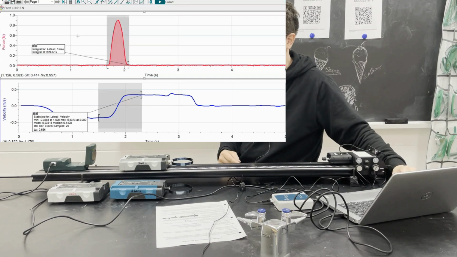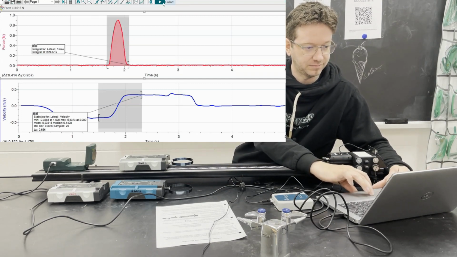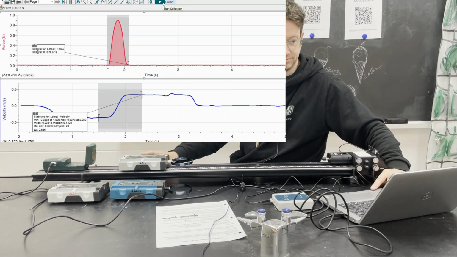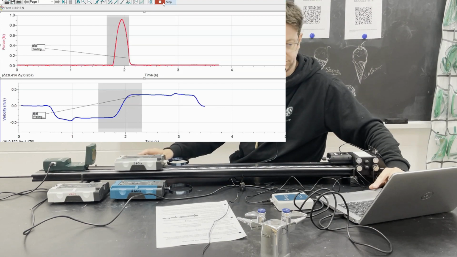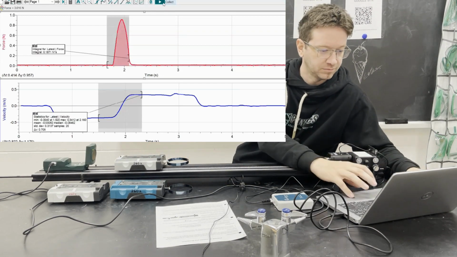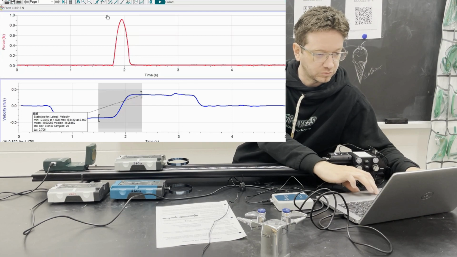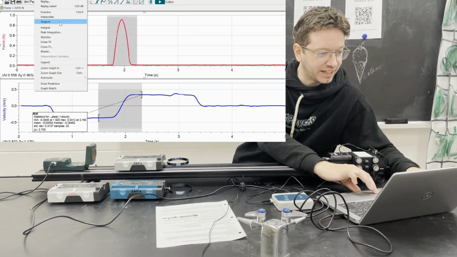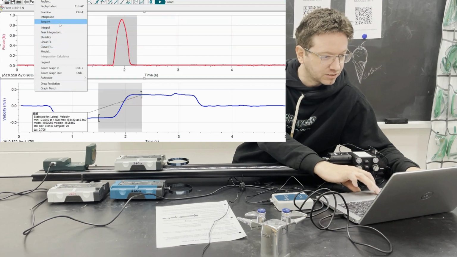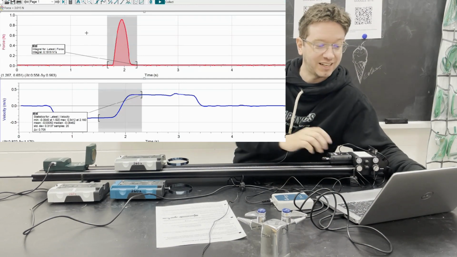Okay, let's do a couple more trials. So in this second case, it looks like our impulse is 0.1919 Newton seconds.